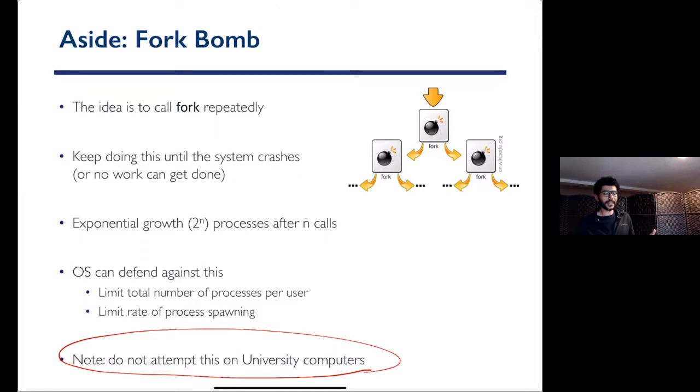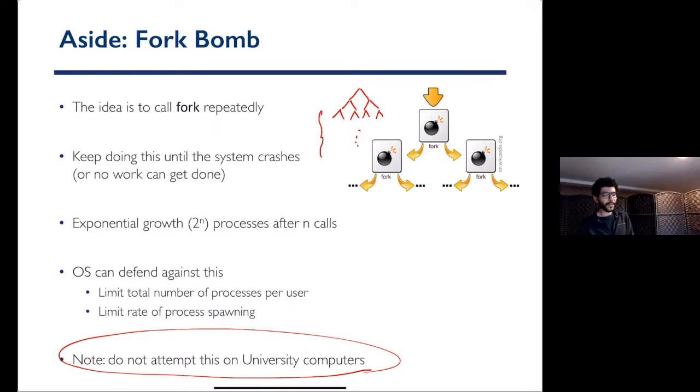And what happens is you will exponentially grow the number of children of the first fork bomb. The moment it forks, it creates 2 copies. Those 2 copies each create 2 copies, and then each one of them creates 2 copies, and so on and so forth. This is kind of like a denial of service attack.